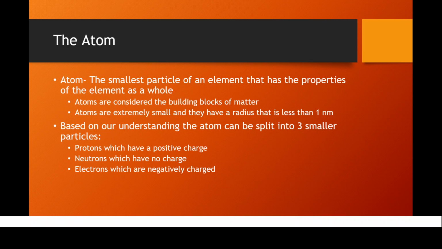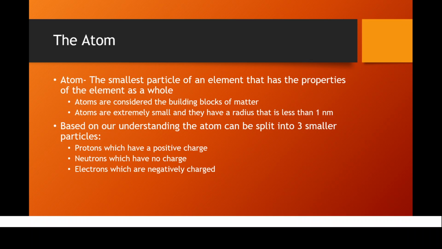And so when you think about it, when you break it down and you get it down to this atomic or this very small scale, the atom is this particle of the element that has the same properties of the entire element as a whole. Now, atoms are considered to be the building blocks of matter.